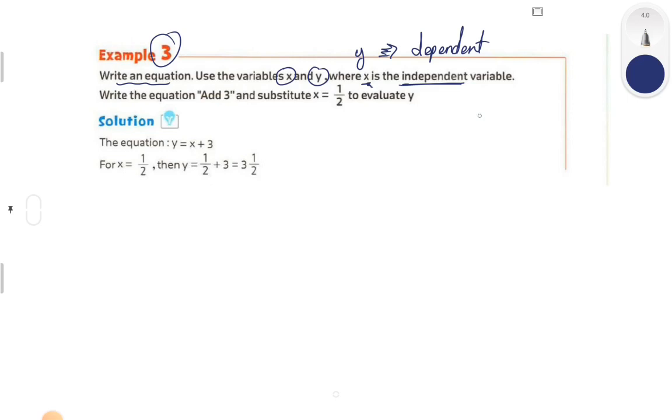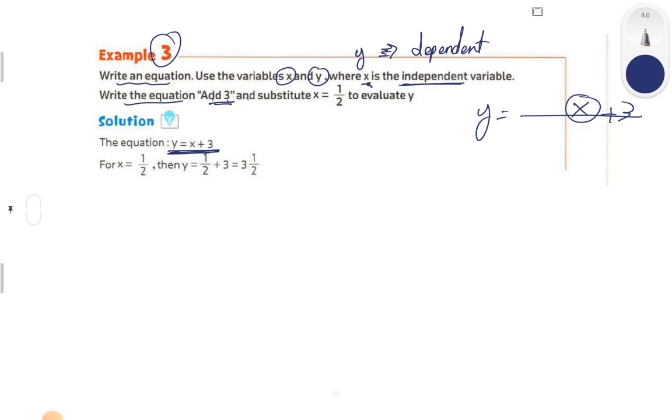So our equation will be y equals something. Because y is the dependent and x is the independent, we may have x after the equal sign. What is the equation? Add 3 to what? To x. So our equation is y equals x plus 3.